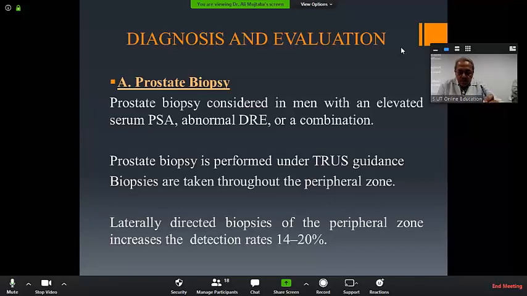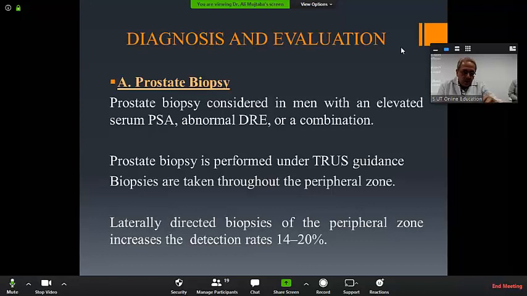Now, whenever the prostate biopsy is taken, what is more important is the guidance. The guidance can be through a transrectal probe inside the rectum, that is, transrectal ultrasound, TRUS. The needle can go through the rectum, or the needle can go through the perineum. These two can be done under the guidance of a transrectal probe.